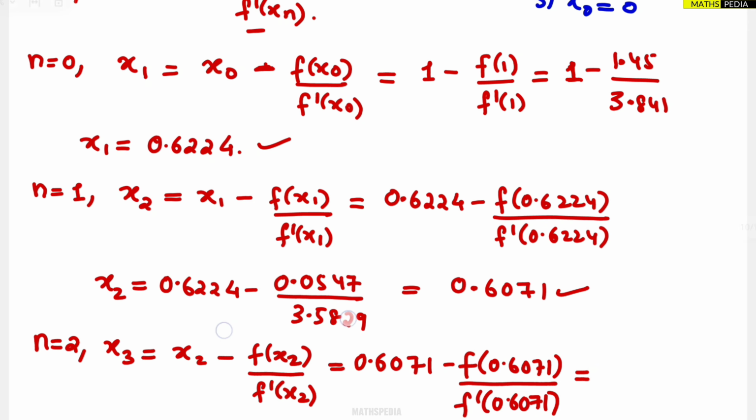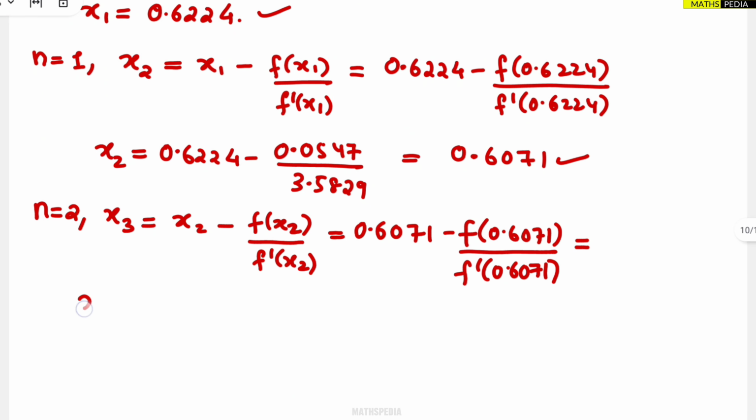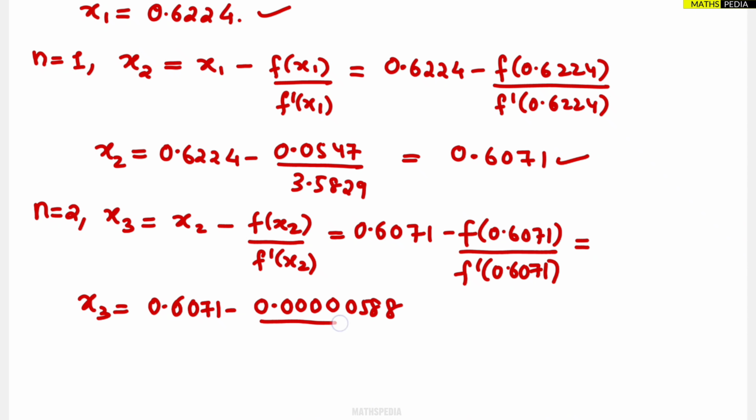When you substitute, you will be getting the value, I'll write over here, x3 is equal to, in the function, 0.0000505888 divided by 3.5704.